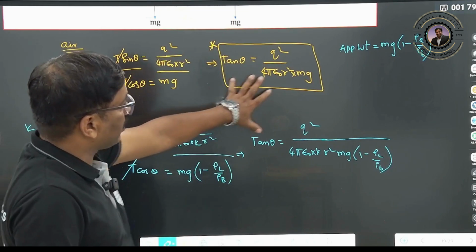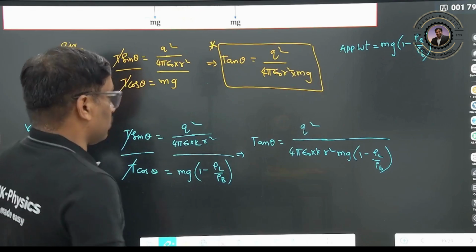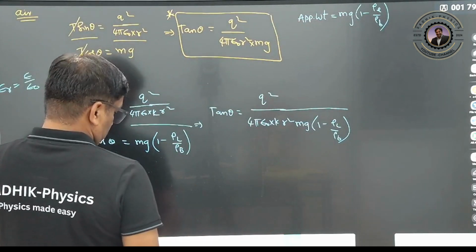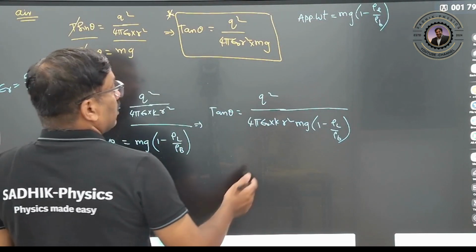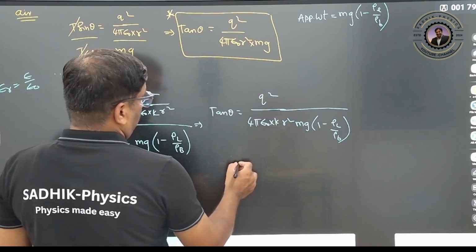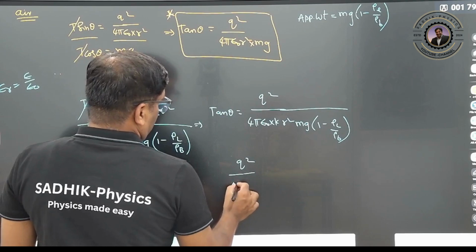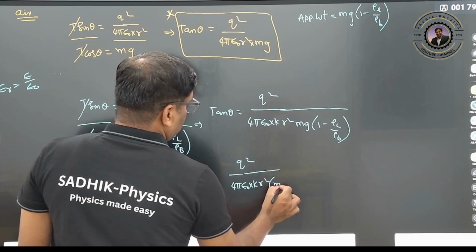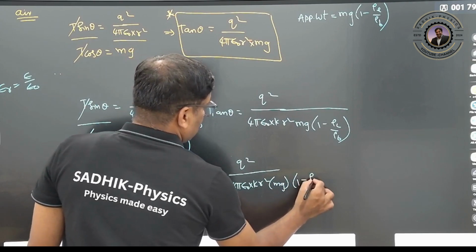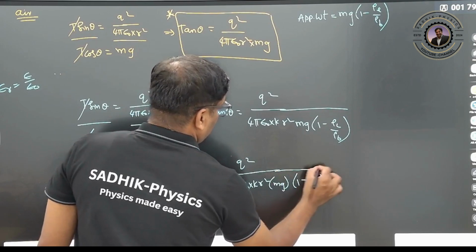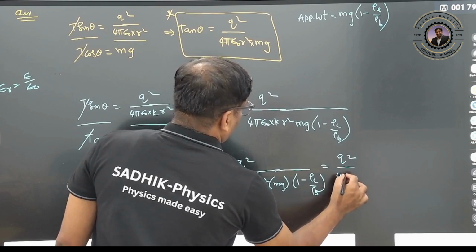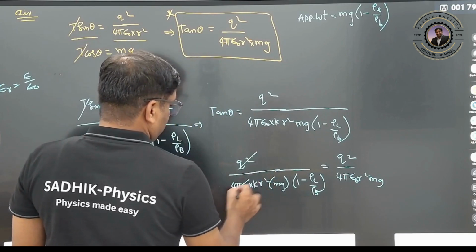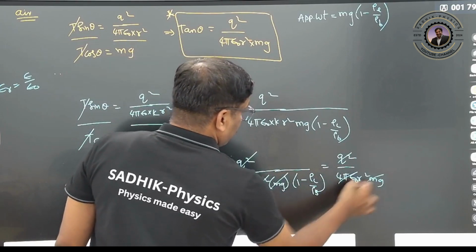So the angles are the same, that means this should be the same compulsorily. Therefore q square by 4 pi epsilon naught into k into r square into mg into 1 minus density of the liquid by density of the bob is equal to q square by 4 pi epsilon naught into r square into mg. So this will get cancelled, 4 pi epsilon naught mg, everything gets cancelled out here.